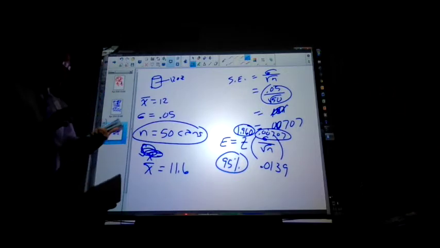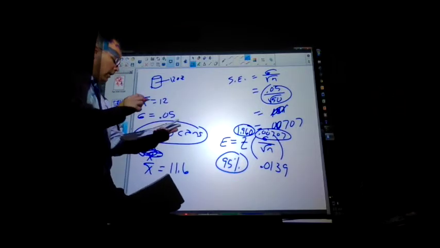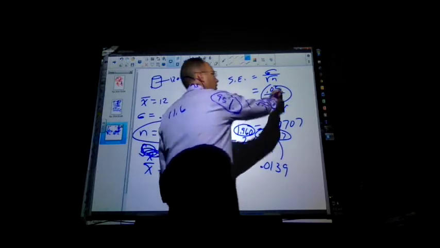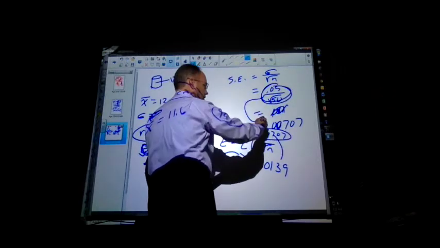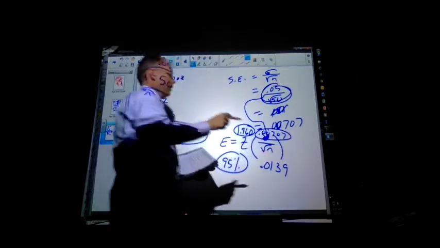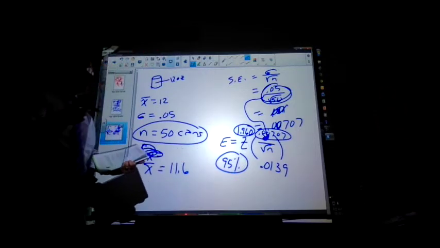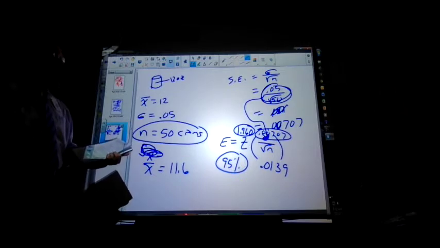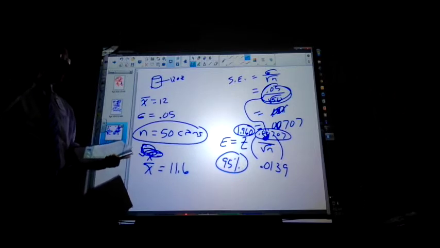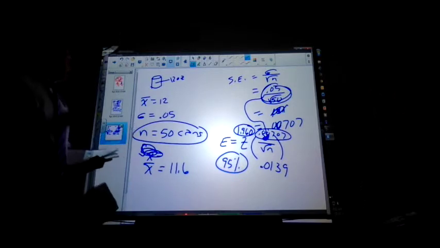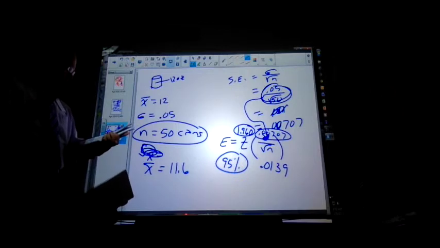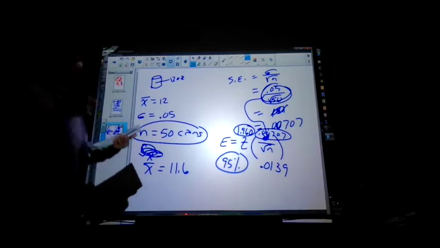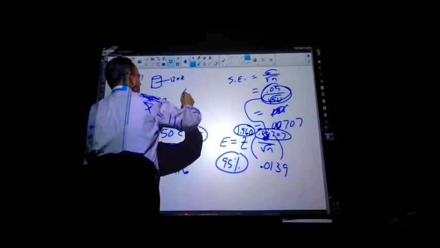So what I did is I took my standard error, which is the standard deviation over the square root of the sample size, times the z-score. So 1.960 is the z-score times 0.00707. If I multiply this together, I get 0.0139. So we know this particular machine is producing at 11.6.